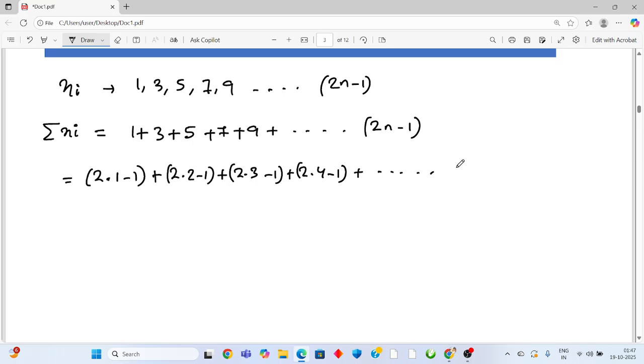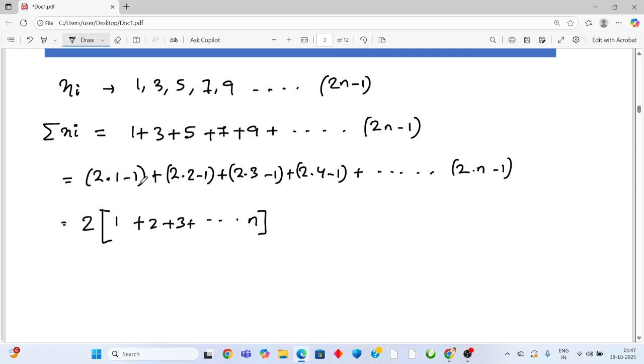And the last term would be 2 into n minus 1. Now, we see that in each bracket, the first term is a multiple of 2. So if we take 2 common from the first terms of each bracket, I will get 2 times (1 plus 2 plus 3 plus dot dot dot n). Again, the sum of n terms.